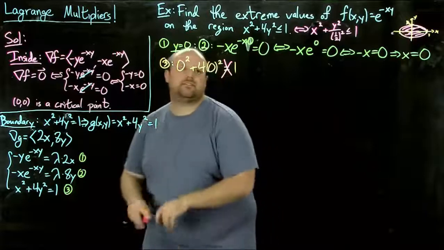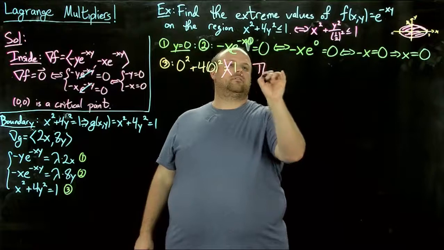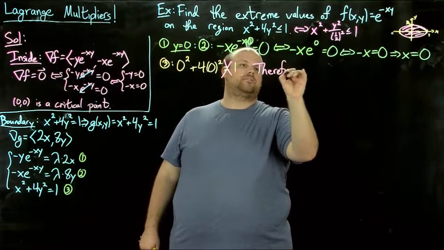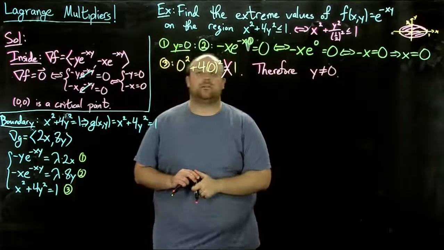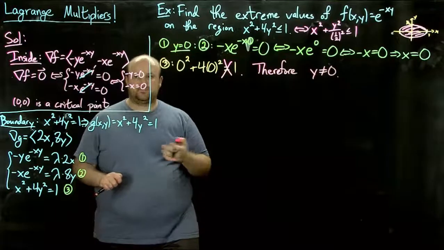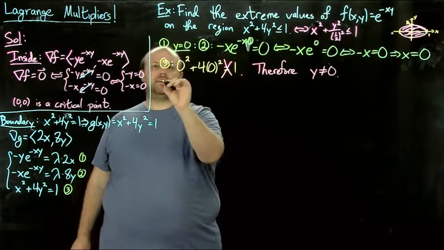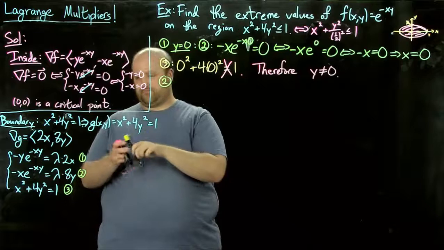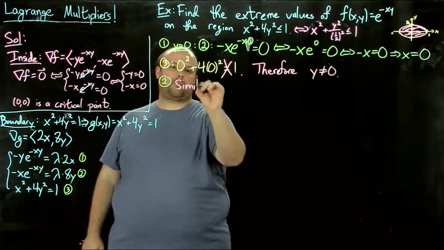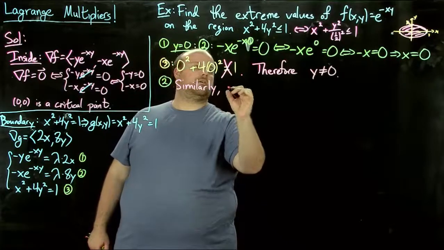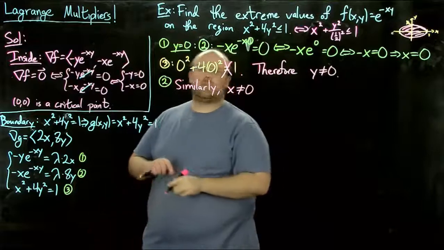So what this tells us, therefore, is that y is not 0. All right? That's good news. Doing this whole process again on equation 2, similarly, we get that x is not 0.